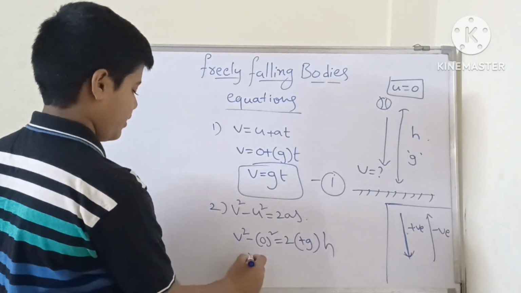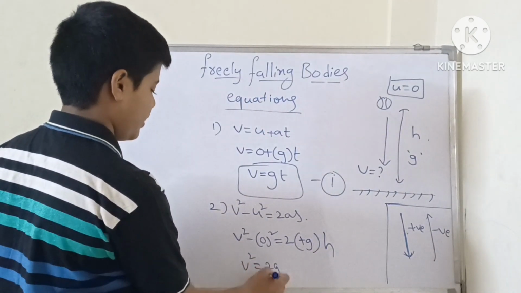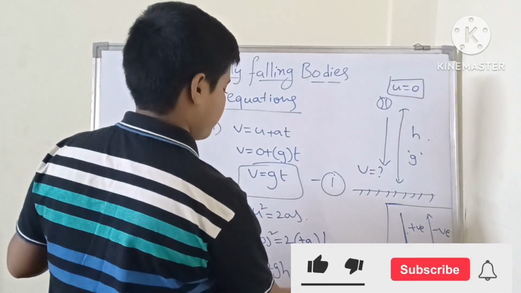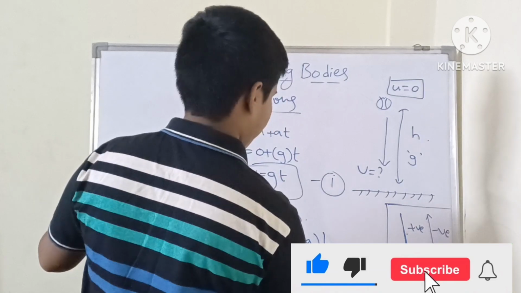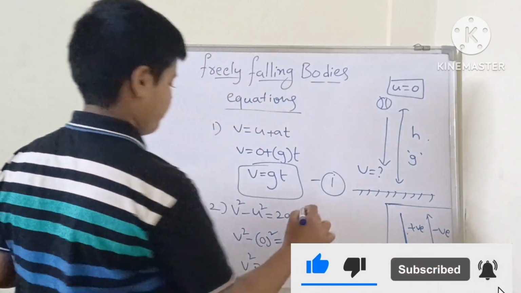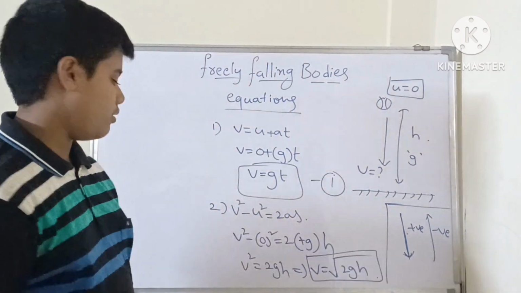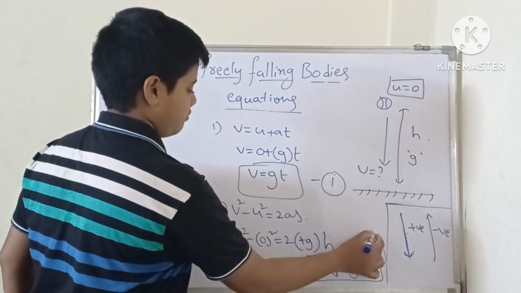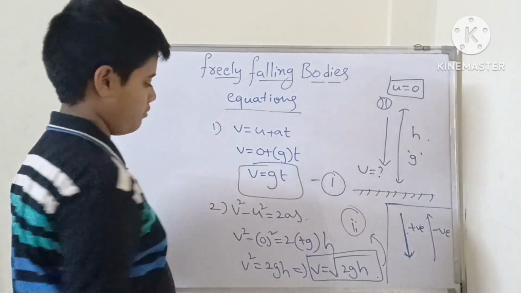So here v square equals 2gh, which becomes v equals root over 2gh. Okay, so this is the second equation.